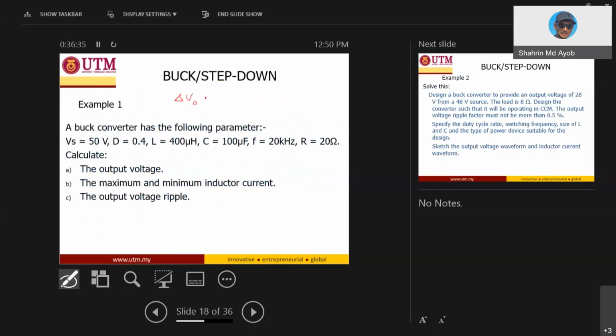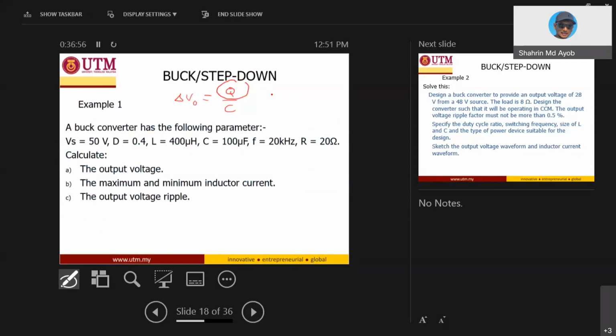Okay, from that we can obtain your ripple voltage is equal to charge over C. So the capacitor is given, but the charge is not given. So how to obtain the charge?